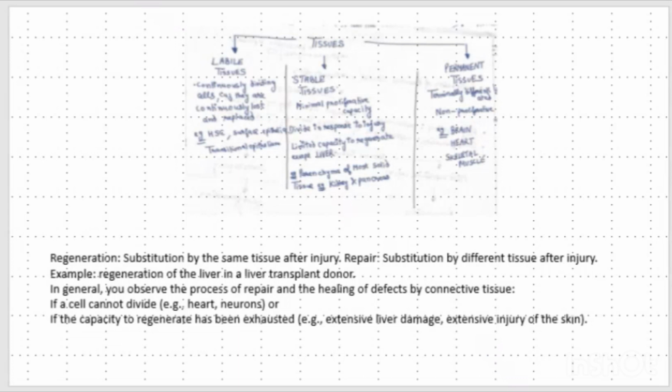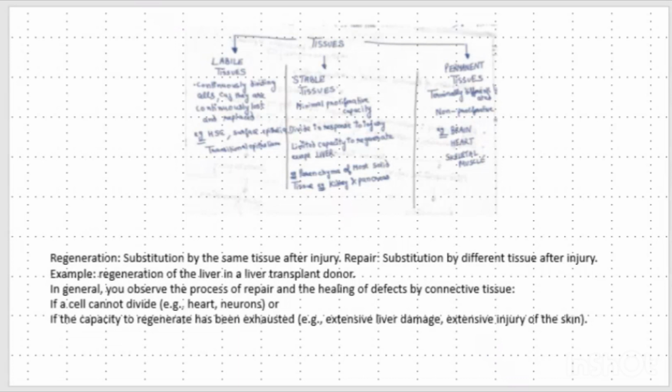But the key thing to remember in these things is that regeneration involves replacing damaged tissue with the same type. But on the flip side, repair kicks in when we substitute a damaged tissue with a different kind of tissue, usually the connective tissue.